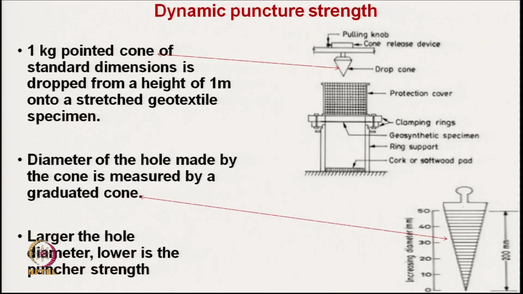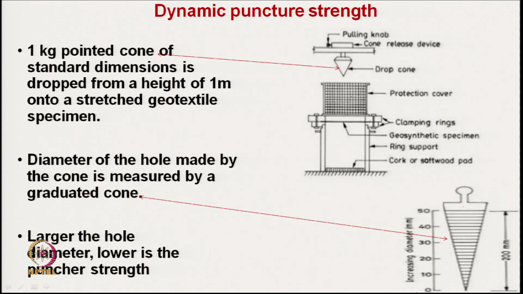Another important parameter is the dynamic puncture strength. This type of situation can occur during laying of geotextiles. Here a 1 kg pointed cone is dropped freely on the geotextile, and we calculate the penetration.